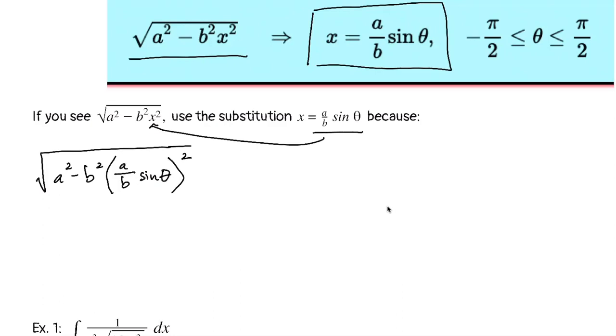Once I've made the substitution, there are no more x's in it. When we do this with integrals, there should be no more x's and no more dx's. So we're going to need to make sure we have not only theta in our equation, but d theta as well.